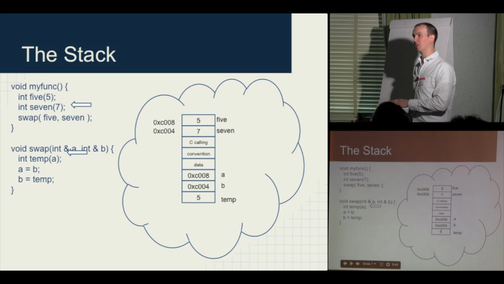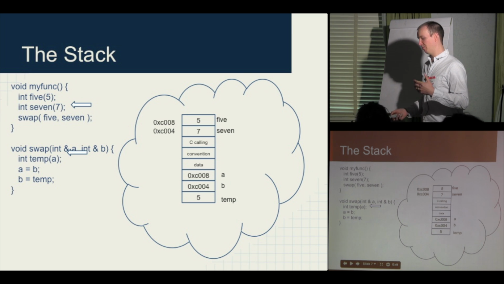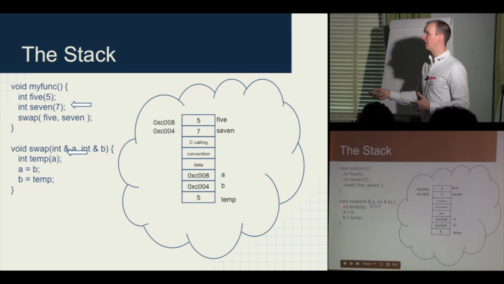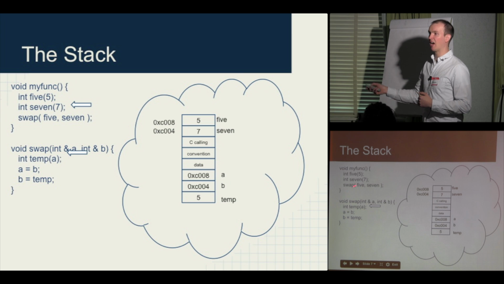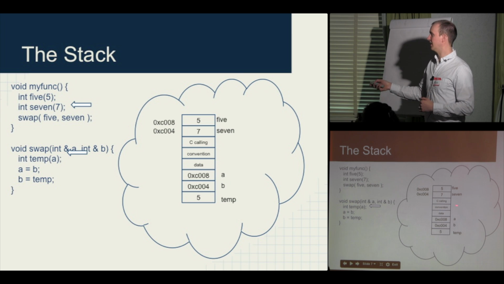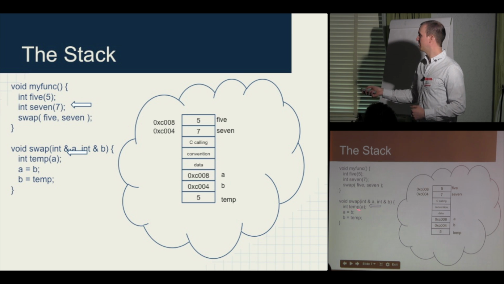I'm not going to tell you exactly what data is here, except that it's really important that swap can be called from anywhere. In order for it to figure out when it exits where it needs to go back to, where it was called from, it needs to put some data. These are the breadcrumbs that will help it get back home. All right, so swap is going to put some things on the stack.